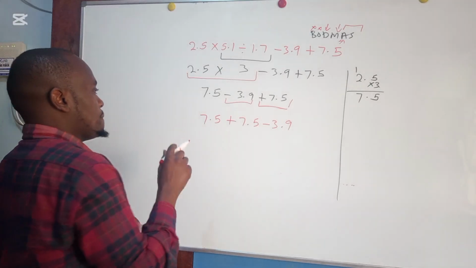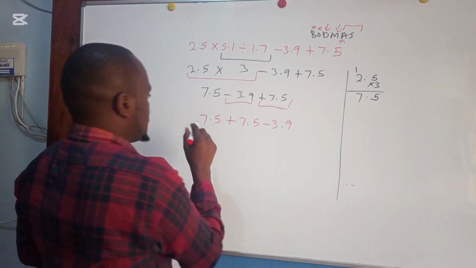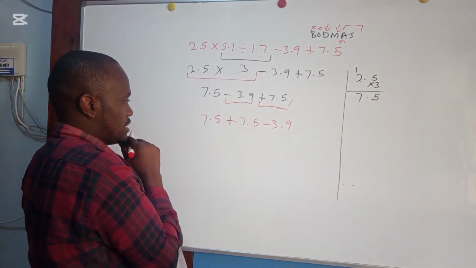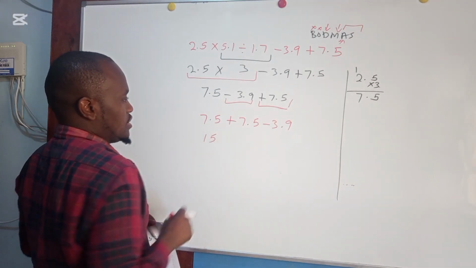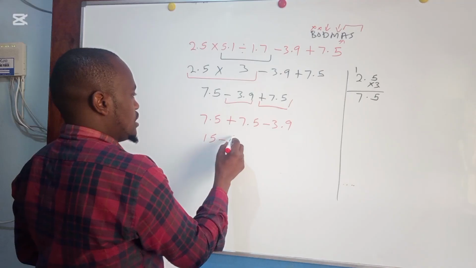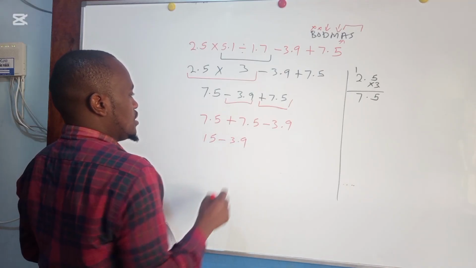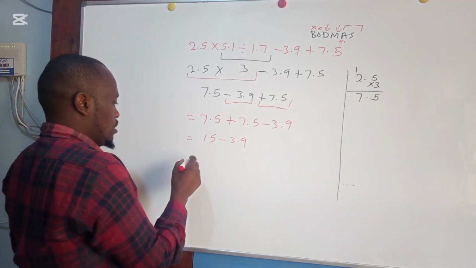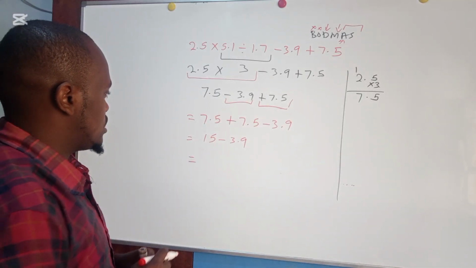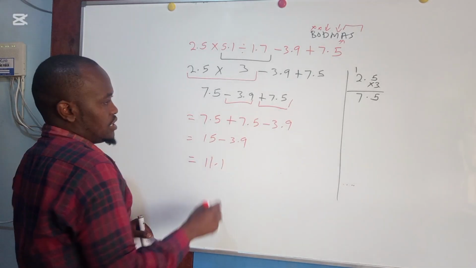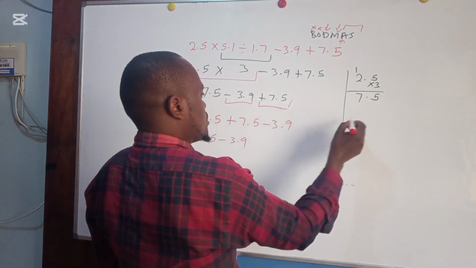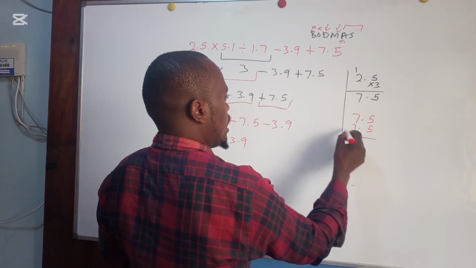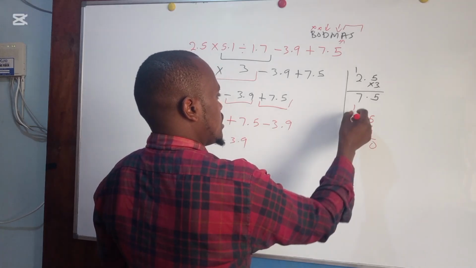So when you add this, 7.5 plus 7.5 is 15. You can do it offhand, I know you can. Then this one you need to subtract. Although if you are very much used to it, you can tell it is 11.1, but let us see. So 7.5 plus 7.5, when you are adding, 5 plus 5 is 10, and then 14, 15, and 1 decimal, that is 15.